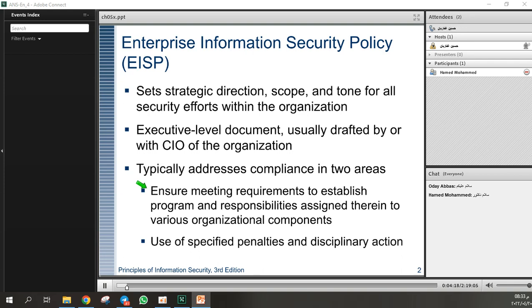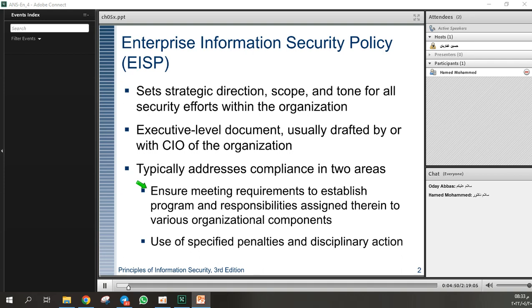If I want to apply these policies, running these programs, executing those documents, I must check if I meet the requirements.